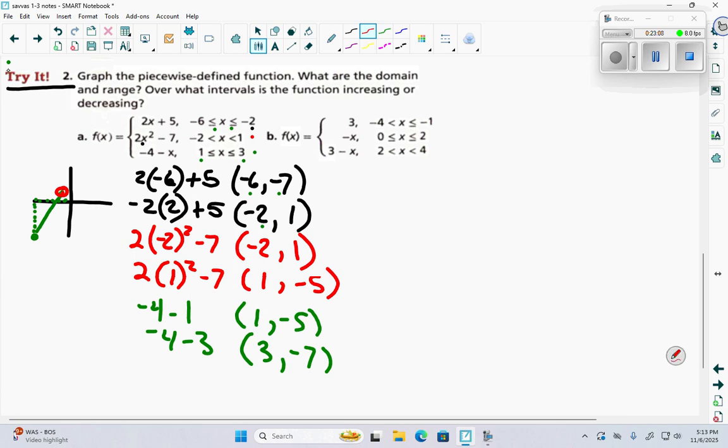Then my other one is 1, negative 5. I'm going over 1, 2, 3, 4, 5. That's going to be my open circle again. But I know it's going to be a parabola.